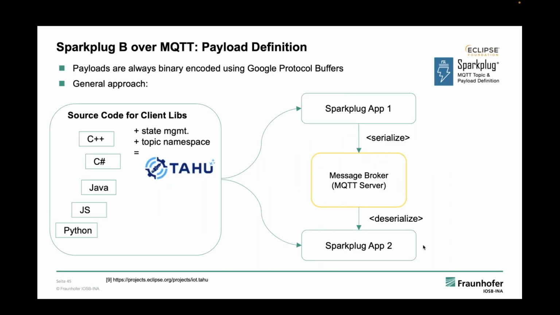The approach now is that you use, for instance, this Tahu implementation, and then you have protocol buffer serialization and deserialization in your apps that use these client libraries. Sparkplug app 1 on the top can then serialize data that's published to a message broker in binary format, and Sparkplug app 2 can deserialize it and understand it.